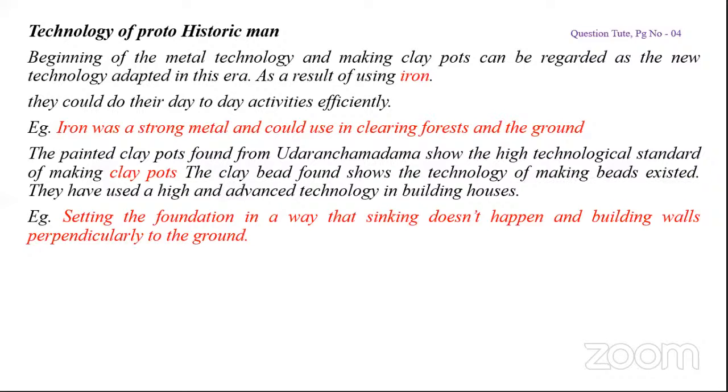That question is not normally coming for the second question. If it is given, it comes for the third or fourth questions, mainly the fourth question, because the fourth question is mainly on technology of the man, even during the Stone Age, protohistoric time period, and early historic time period.